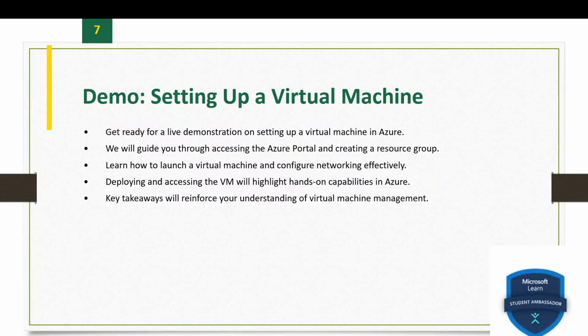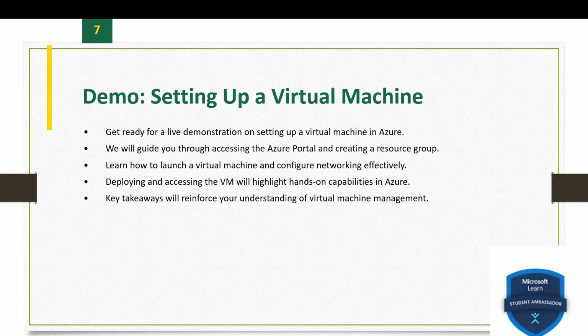Log into the Azure portal by using your credentials. In step 1, navigate to virtual machine services. In step 2, configure basic settings. And in step 3, configure the disks like OS disk type.